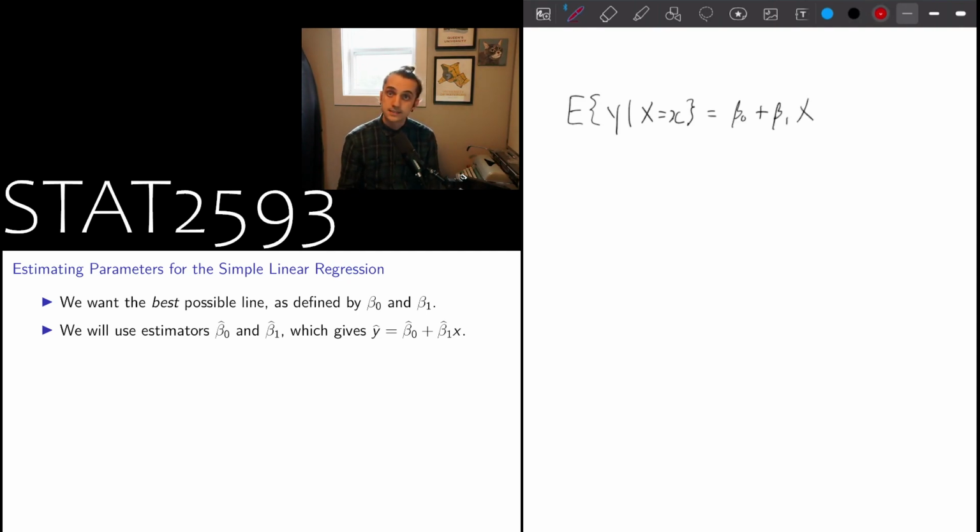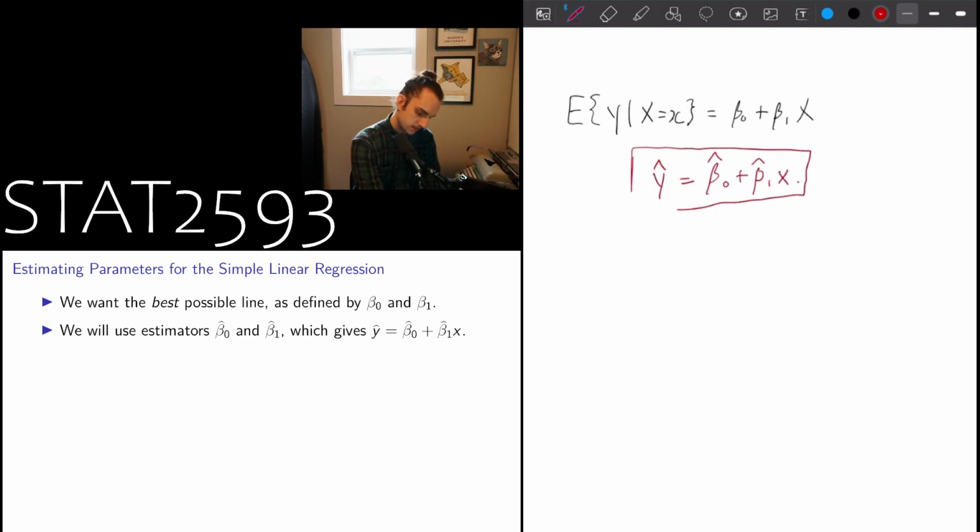And so then if we wanted to estimate the y, assuming that we had some observed value of x, well then one of the ways that we would like to do this is by estimating the mean, right? And so then we could come up with some estimated value of y. It's going to be based on the estimated value of our intercept, the estimated value of our slope, and our observed value of x. And so right here is going to be an estimation, right? And we know, or we've said, that the true y is actually going to be beta 0 plus beta 1 x plus epsilon, right?